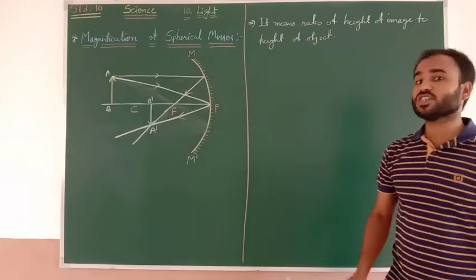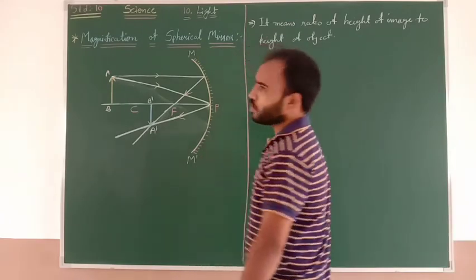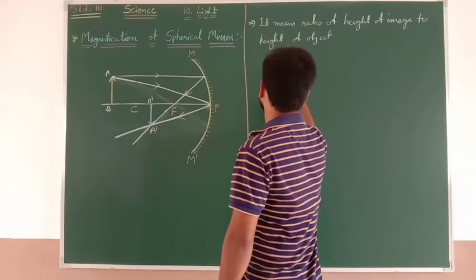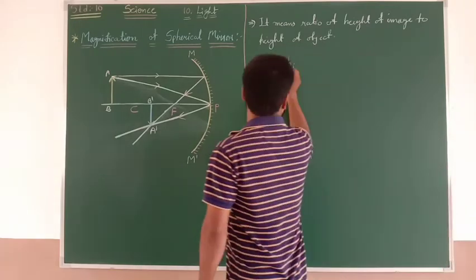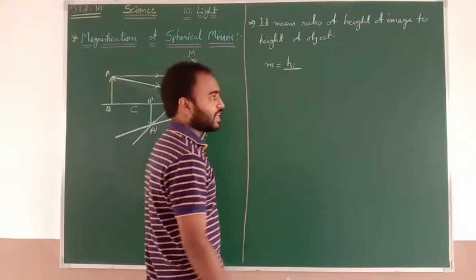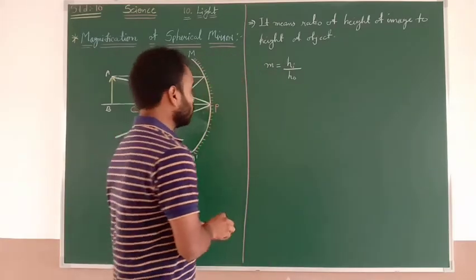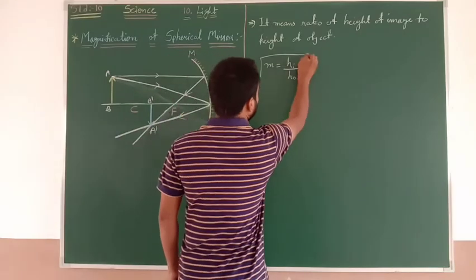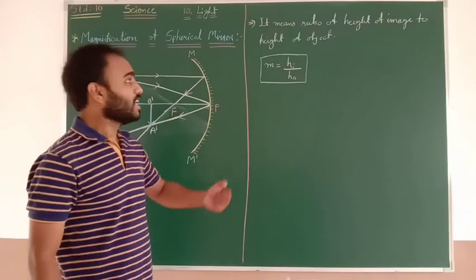As magnification is denoted by small m, so m is equal to the height of the image, which I am writing as hi, divided by the height of the object, which I am writing as h. So this will be the formula for magnification.